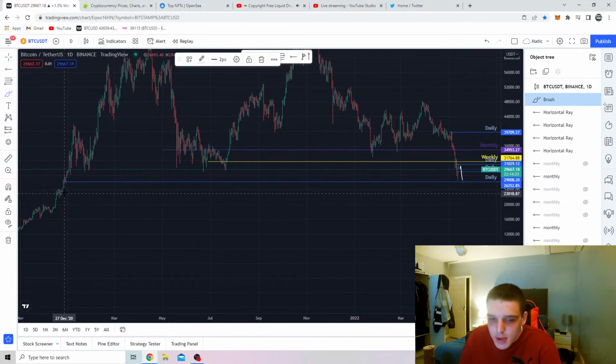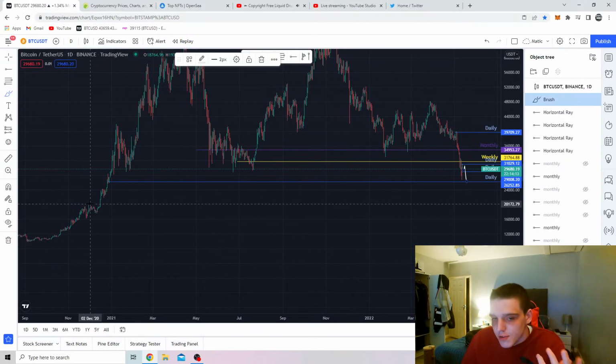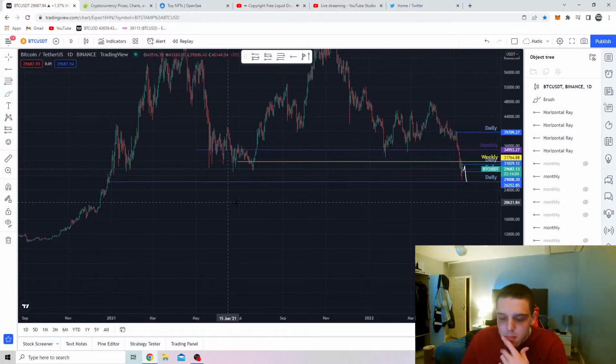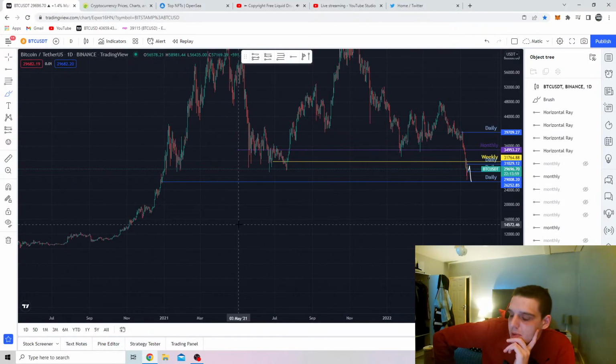My second biggest target personally is around the 23k area. That would be my second target, and my last and final hope for essentially Bitcoin would be the 21k area. 21k, like here essentially, is very, very important, because as far as I'm aware, in the 5-6 years I've been in cryptocurrency, Bitcoin has never fallen below a previous all-time high, and if that happens, that would be an absolute disaster for altcoins.